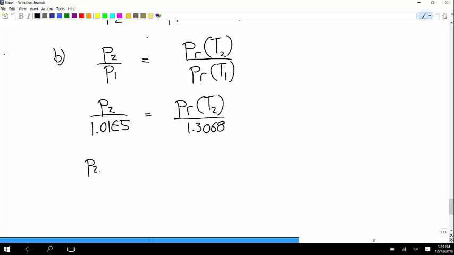So we know P2 V2 is equal to R T2, and so P2 is equal to R T2 over V2.